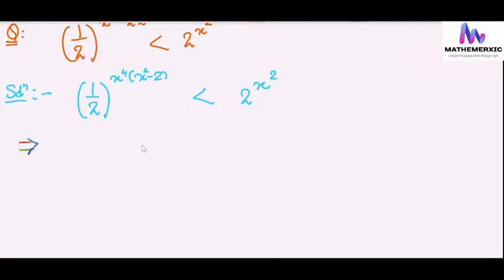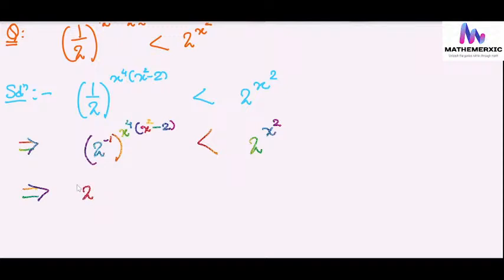So what thing I can do is I can keep the base same by converting this to 2 to the power minus 1 whole x to the power 4 x square minus 2 is less than 2 to the power of x square. I can do this, and if I multiply minus 1 there, so initially what was there?